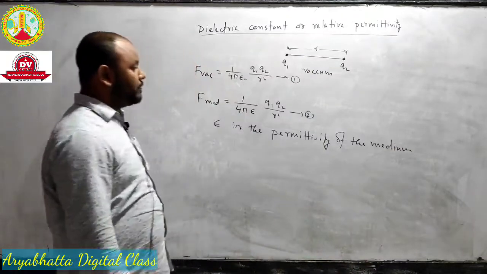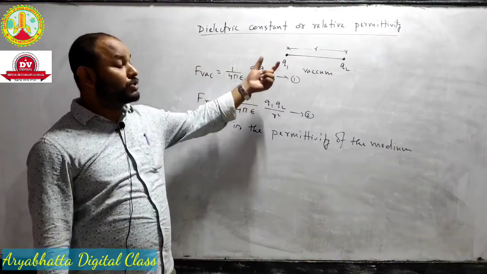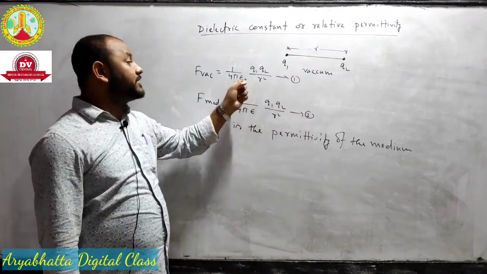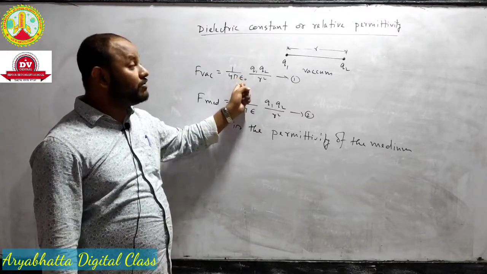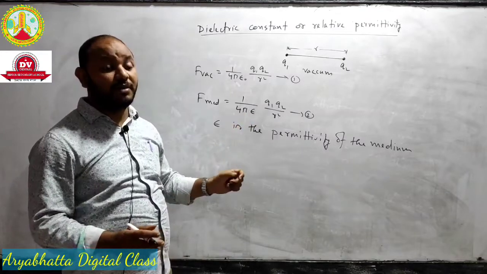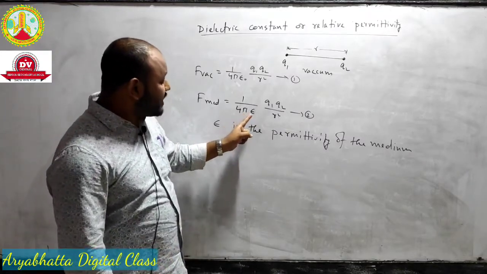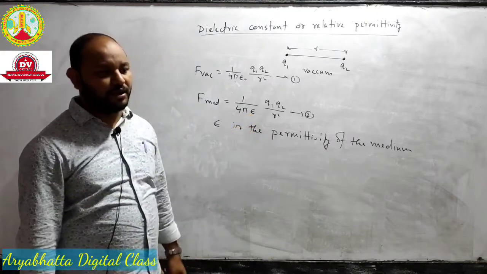In the first equation we have considered vacuum between two charges, that is why we have written epsilon naught. Epsilon naught is the permittivity of vacuum, and here we have considered any other medium other than vacuum, and we write this term epsilon. Epsilon is the permittivity of a medium.